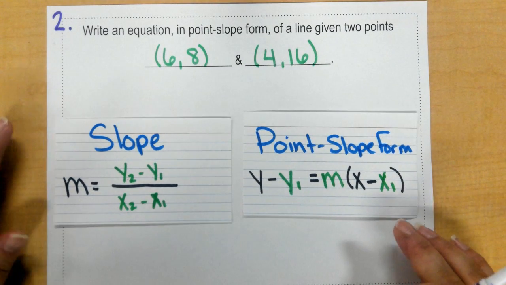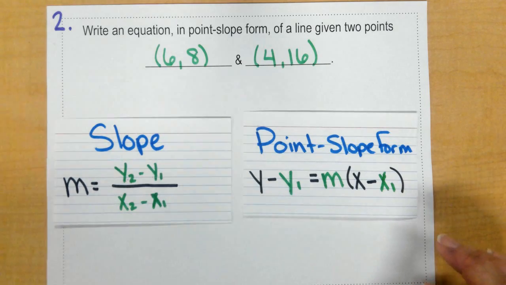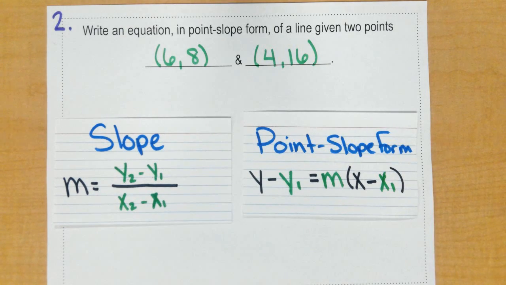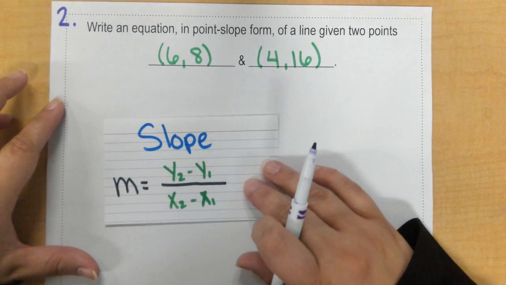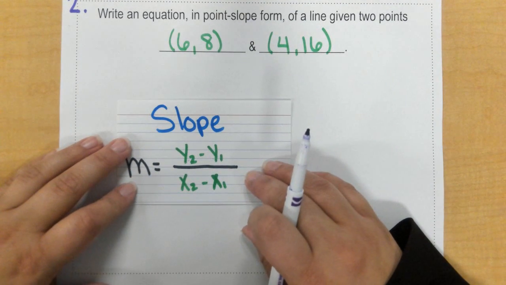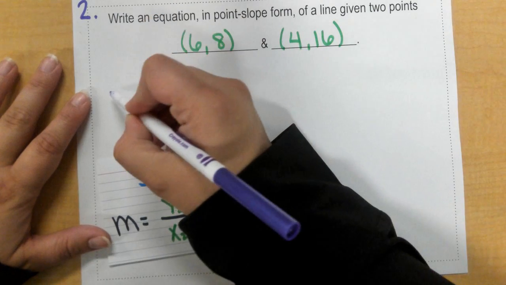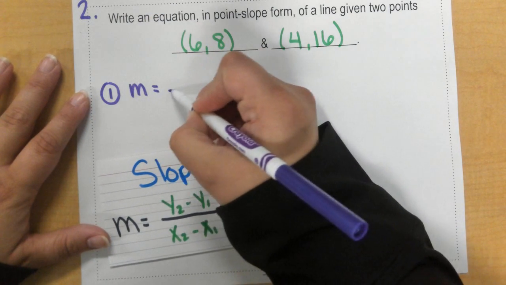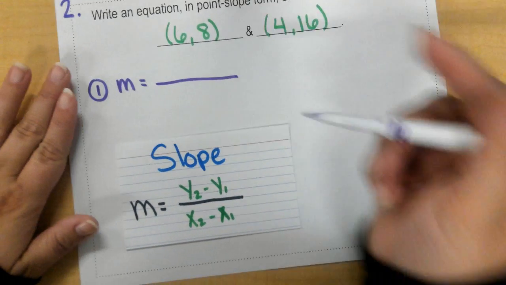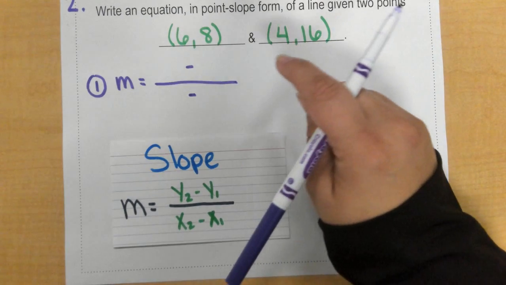For number 2, writing an equation in point-slope form of a line given 2 points. Our 2 points are (6, 8) and (4, 16). So first, we need to go ahead and find the slope of our 2 points. So I went ahead and drew in my fraction bar. And we need to fill in our numbers.